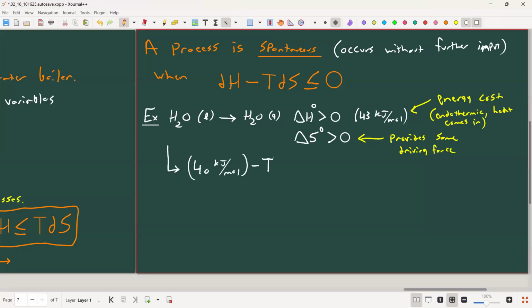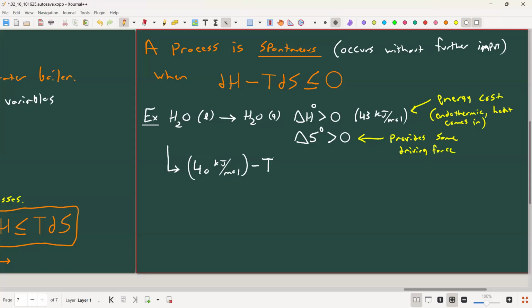And the system needs to have enough heat, enthalpy, in order to facilitate the change in the entropy. Or maybe another way to think about it is that vaporization is a process that requires you to pay Mother Nature.